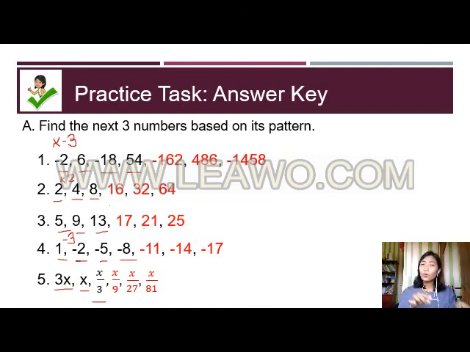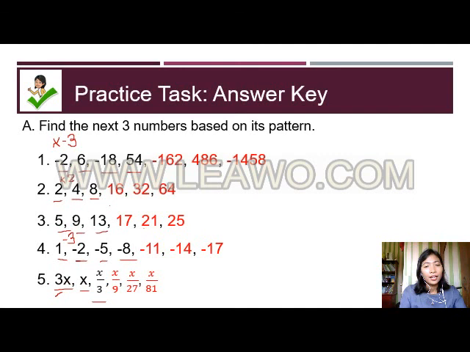Okay, so we go back because the pattern should be consistent. So let's do another thing. Okay, let's try. Let's divide 3x by 3.